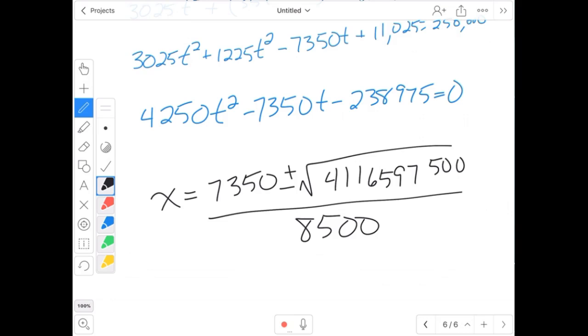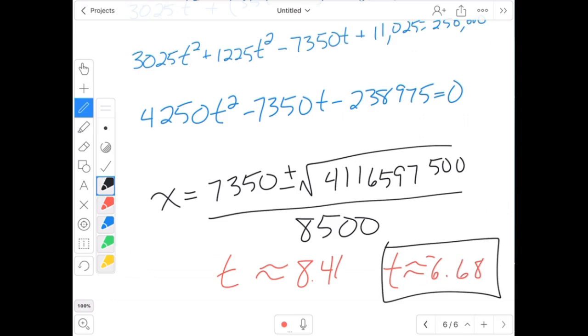So I'm just doing the algebra in here. So we'll get two values when we end up solving this last algebraic piece. We're going to get t is roughly 8.41 and t is roughly negative 6.68. So since we can't have a negative time, this is the only one that makes sense for our situation. So after approximately 8.41 hours, that's when those two trains are going to be 500 miles apart.